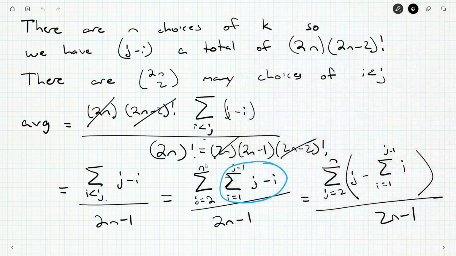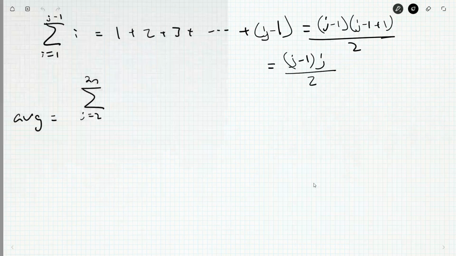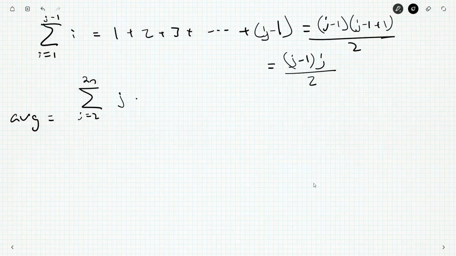Yeah, should be 2n, of j minus (j minus 1) times j all over 2. No, that's not the sum.